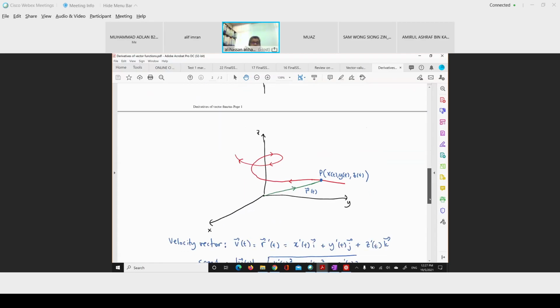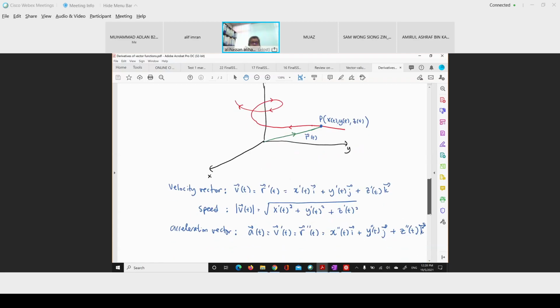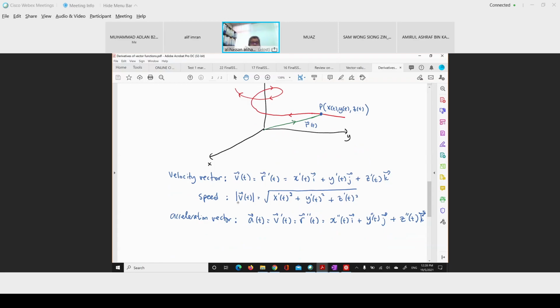So if r represents a position vector, then the velocity vector is r prime t. It's the derivative of the position vector r. So it is equal to x prime t i plus y prime t j plus z prime t k. And the speed is equal to the modulus of the vector v, which is the square root of the sum of the squares of the components.